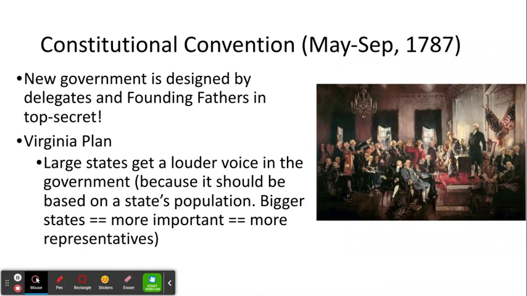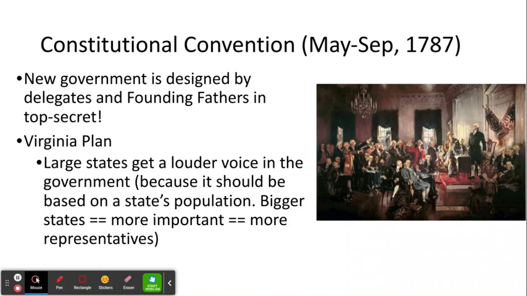Well, the first plan that got proposed was called the Virginia Plan. This plan gave more power, more votes to states that had a bigger population. The bigger the state, the more people lived there. Therefore, it deserves to be more important because democracy is power to the people, right?